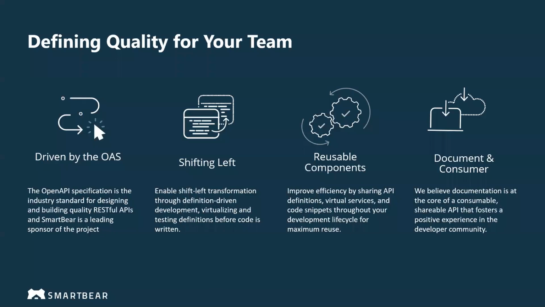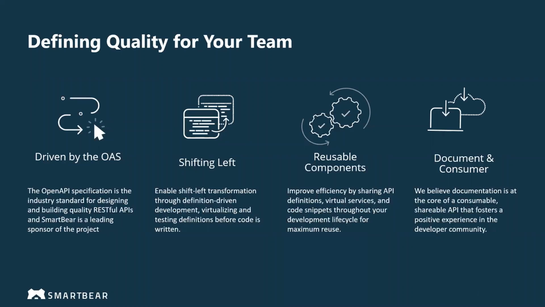So this allows us to begin our testing, have that done, and it means that we have higher quality testing whenever we're ready to begin testing against the developed API. We then have the reusable components.